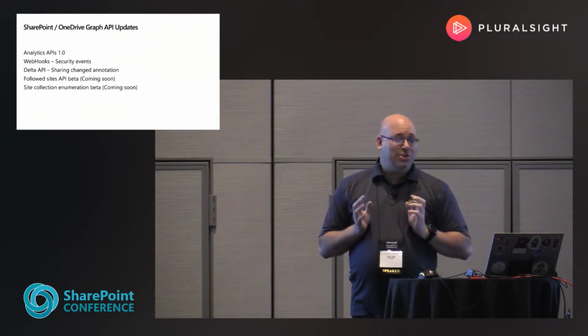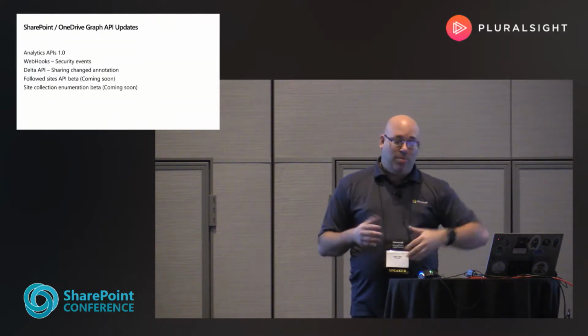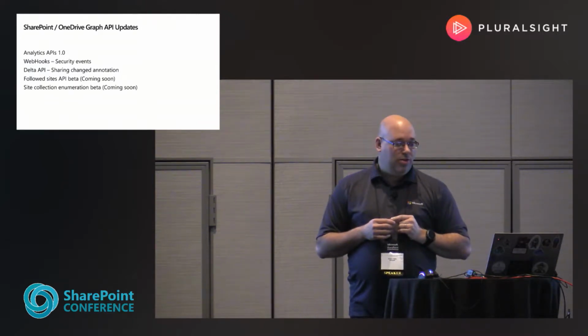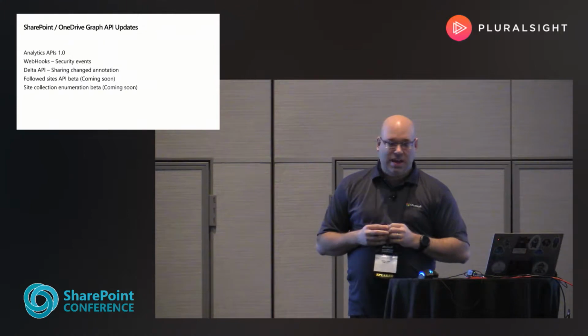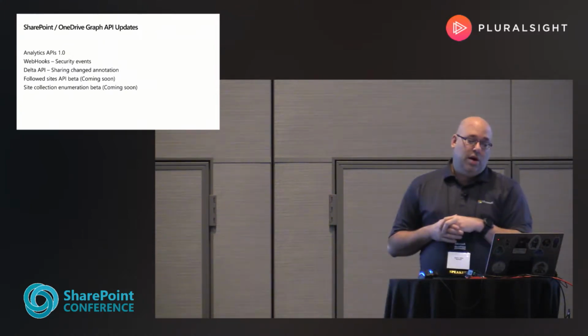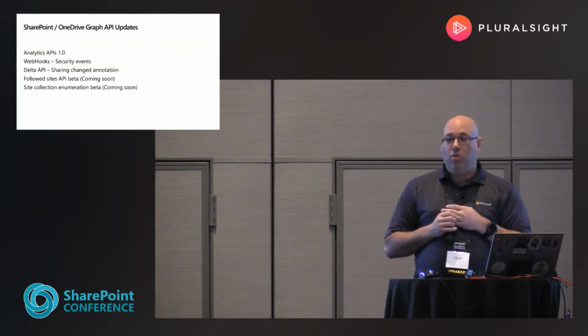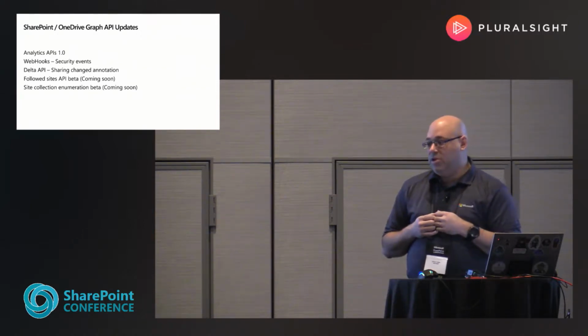And these last two I'm actually really excited to talk about because they solve a big problem, and I alluded to it earlier that there's a section on finding sites. So we have two APIs that are going to be coming into beta very soon. One is the followed sites API. This lets you work with the followed set for a given user.